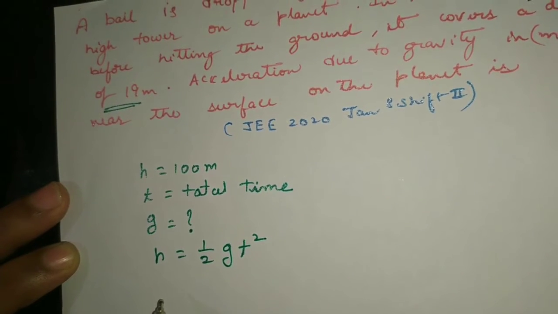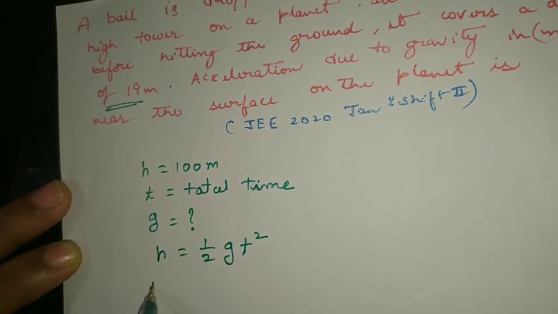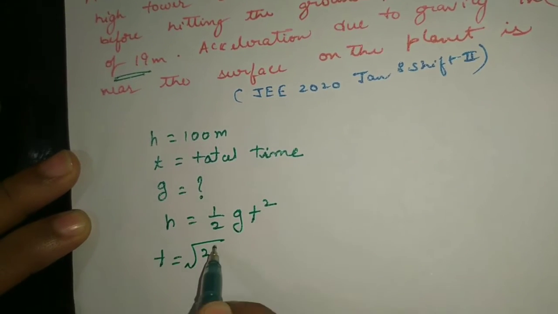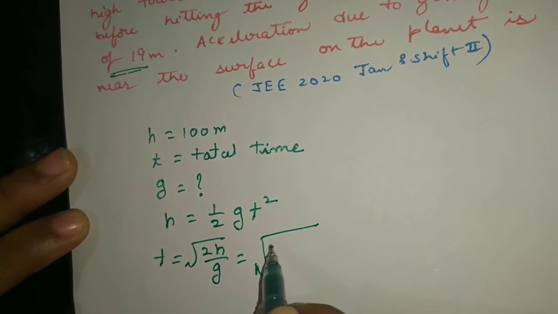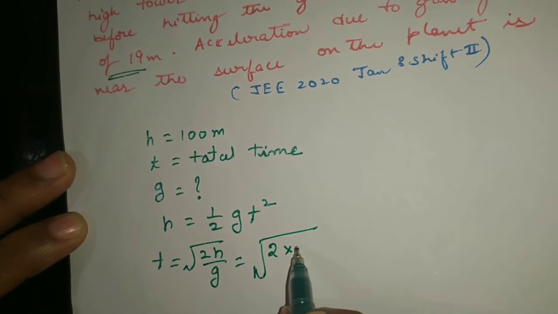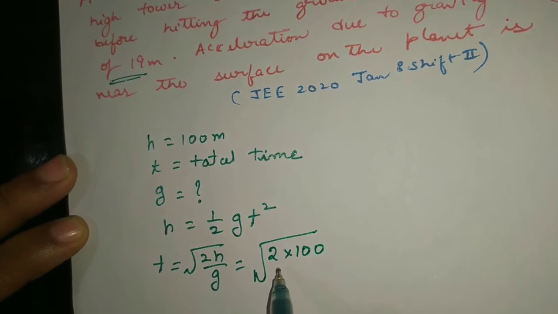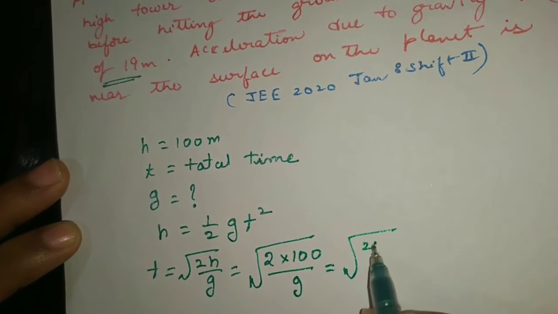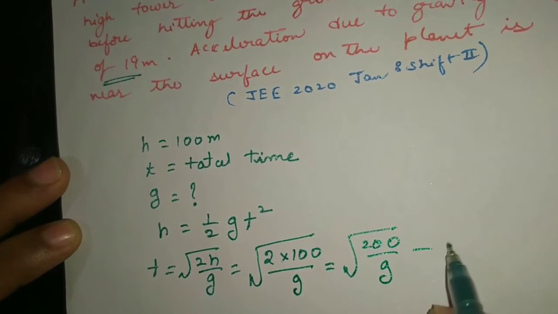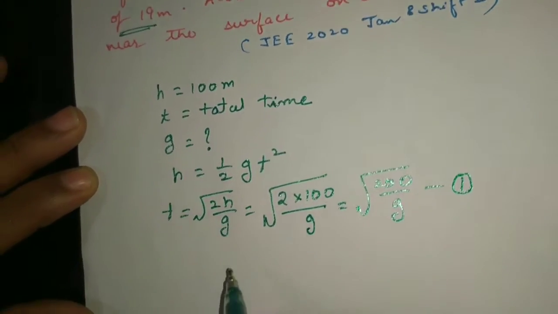So t is equal to square root of 2h by g, that is square root of 200 by g. Let it be equation 1.